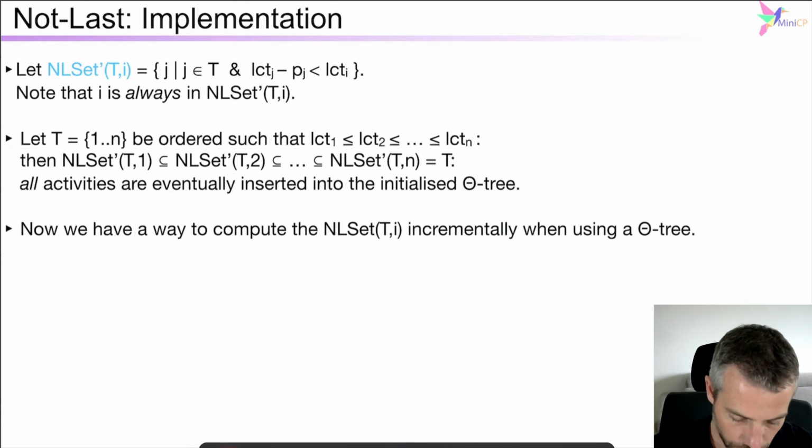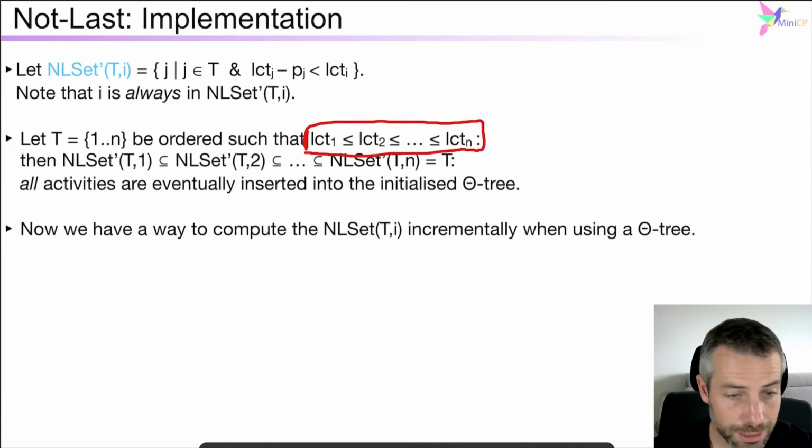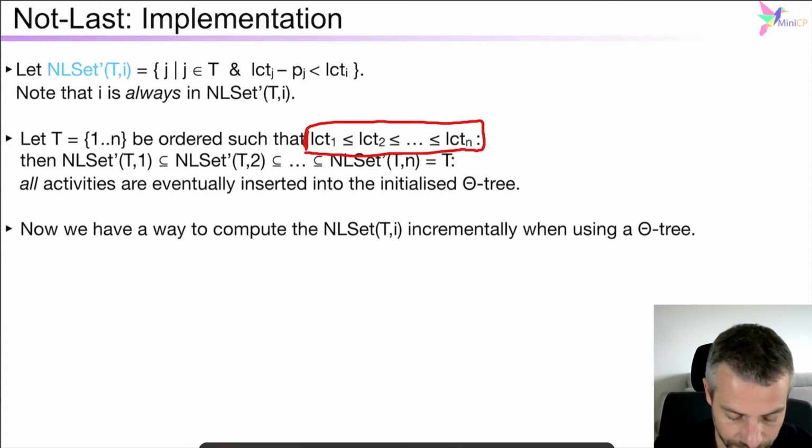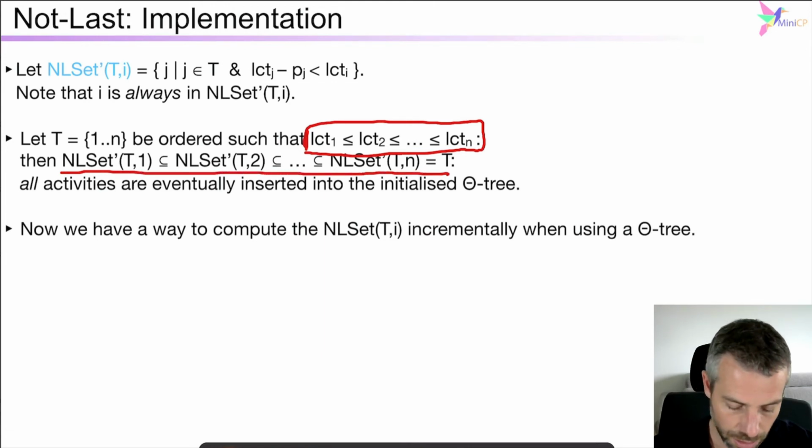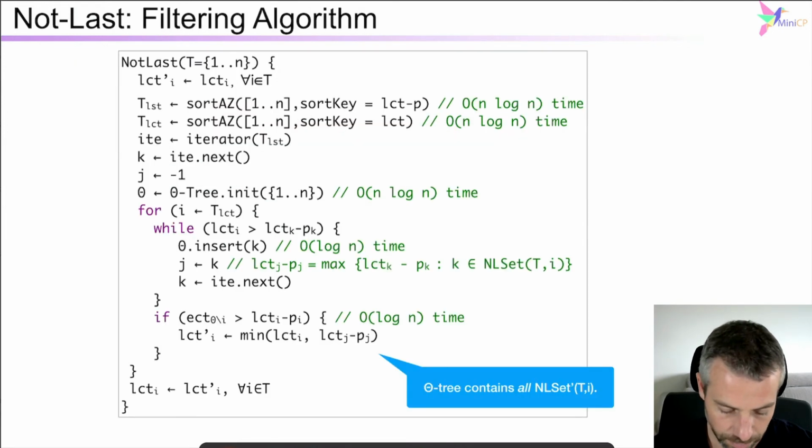Okay, so if you sort the activities according to the latest completion times, then you have nested relations for the not-last sets of the activities. So that's clearly the order that we will consider to compute the earliest completion times using a theta-tree in the filtering algorithm for the not-last implementation.